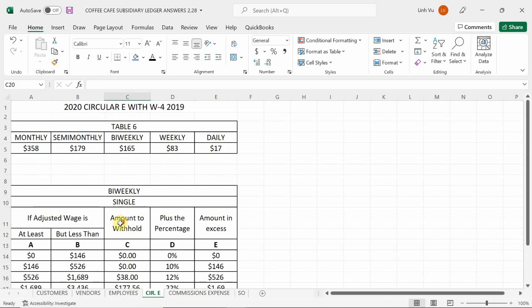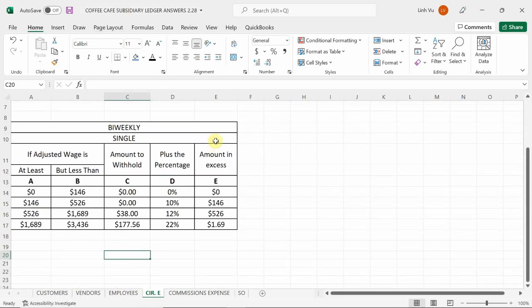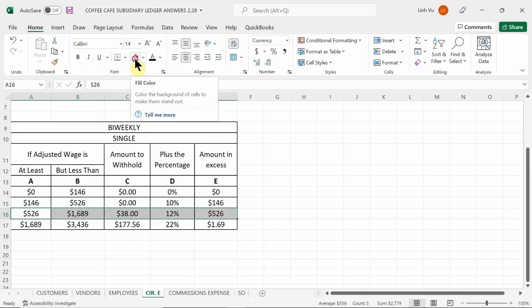I provided the Circular E table for you. She's earned $800, so she's definitely earned more than $526, but definitely less than $1,689. Therefore, this is the row we are going to be using.